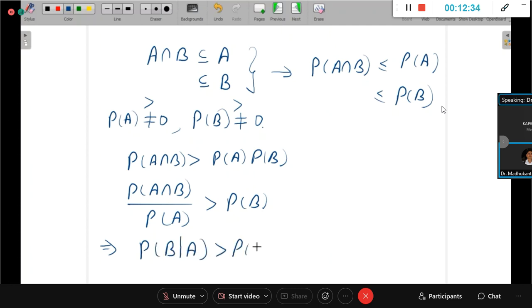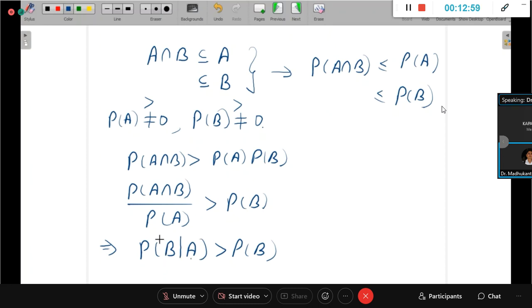So the left side is probability of B given A, which is greater than probability of B. What does this tell you? The occurrence of the event A enhances the probability of the occurrence of the event B. So this is why it is known as positively associated.